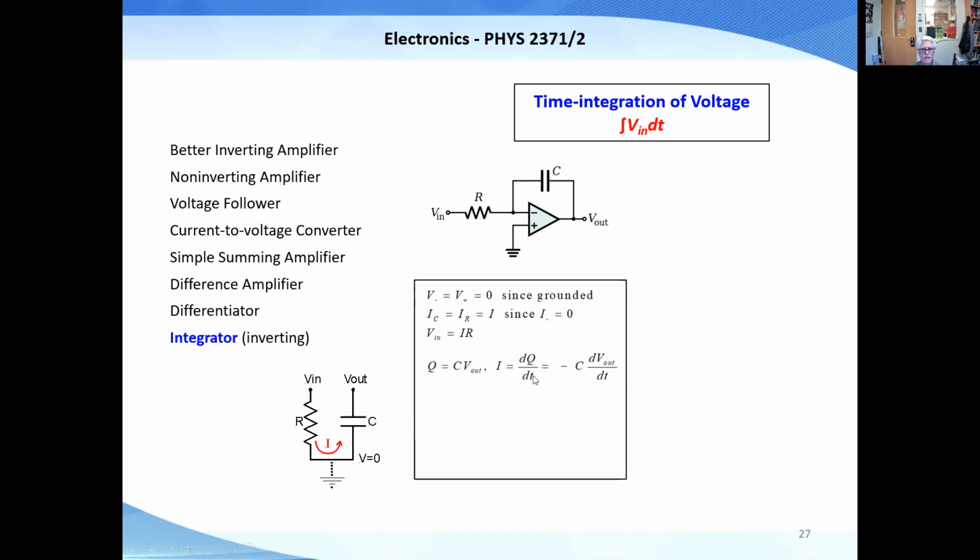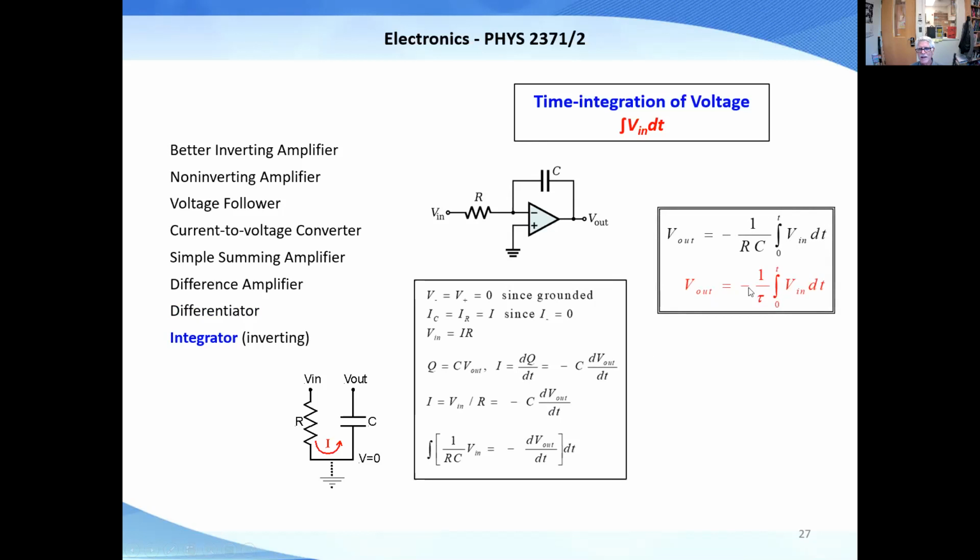Write current as dq/dt again, put in the capacitor, and then we integrate the whole thing to get rid of this derivative. So here's what we come out with. The negative again, because we're putting something into the negative input of the op amp, 1 over tau times the integral of V in dt. Here's voltage, time here, so we have to divide by time to get the dimensions to work out.